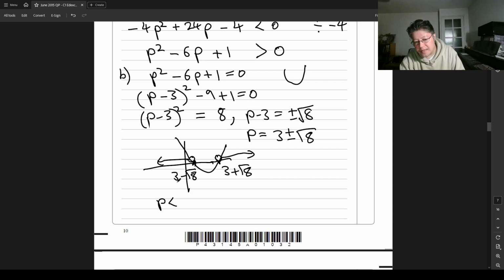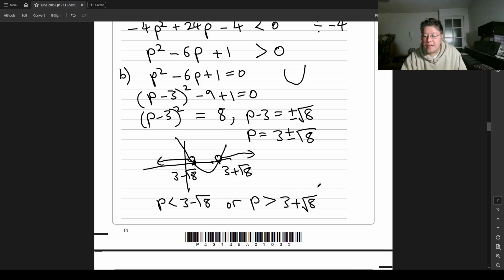P is less than 3 minus root 8, or P is bigger than 3 plus root 8, and that's the final solution. Of course, root 8 is also 2 root 2, but it doesn't really matter. You could have put 2 root 2 instead, but that's fine.